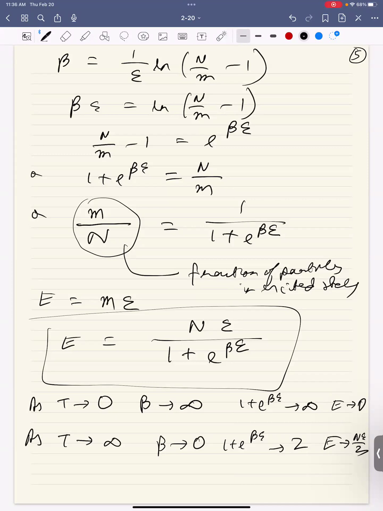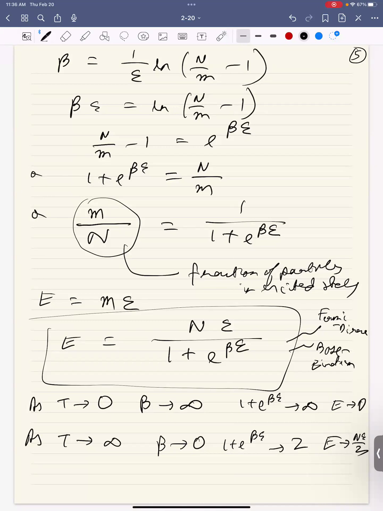This form is also very interesting. This type of function, where you have a denominator of 1 plus e to the power energy, is going to show up a lot later in the context of Fermi-Dirac statistics and Bose-Einstein statistics. Sometimes it will have a 1 plus e to the power beta epsilon, sometimes a 1 minus e to the power beta epsilon.